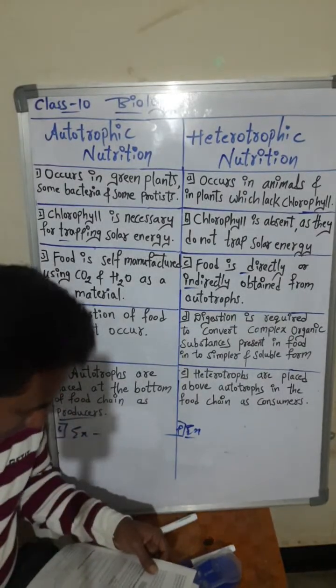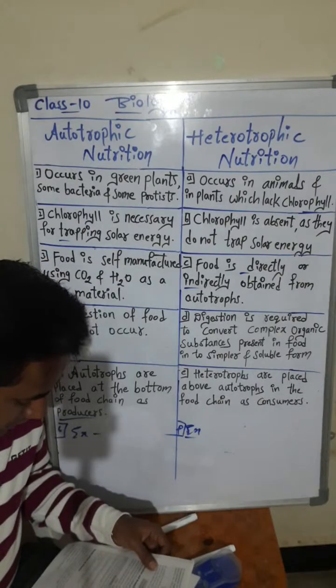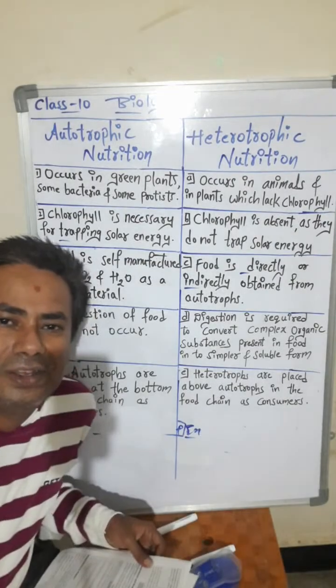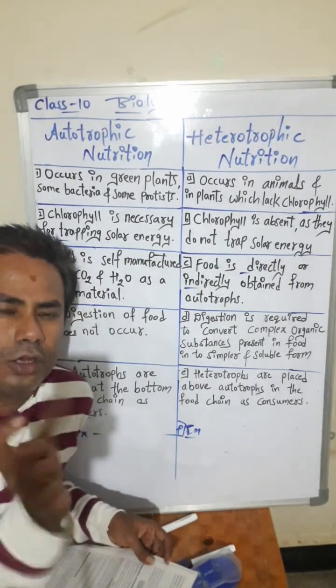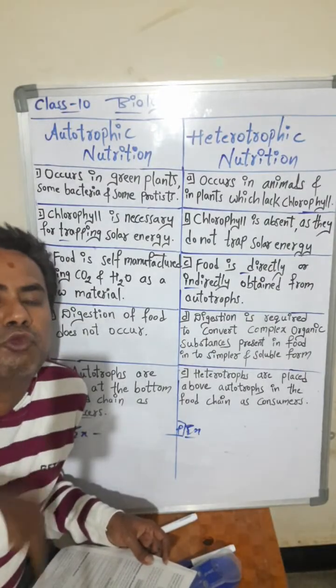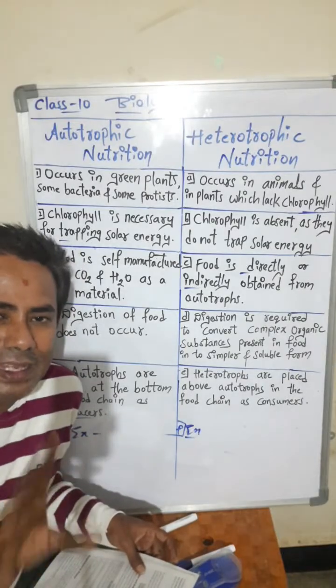And the fifth difference between breathing and respiration: breathing is confined to certain organs only. What happens in breathing? Only certain organs: nose, lungs, windpipe. Breathing happens only in certain organs of our body.